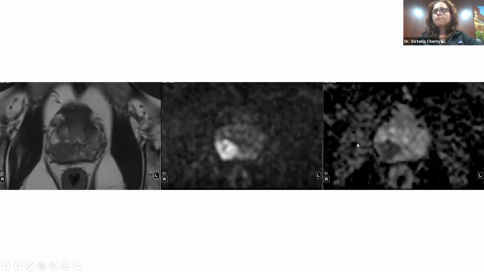And this functional information allows us to confidently diagnose prostate cancer. So functional imaging is very important for tissue characterization. A lot of it is done in the body, in brain, and other tissues, and it's a great advantage of MRI.